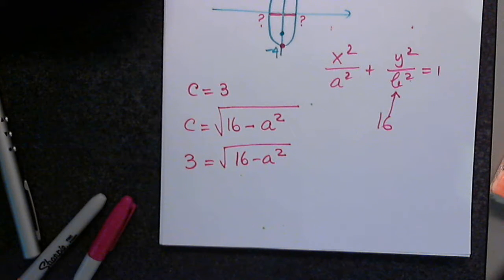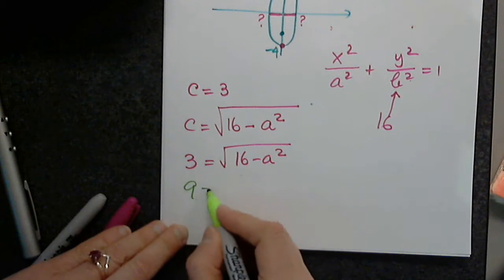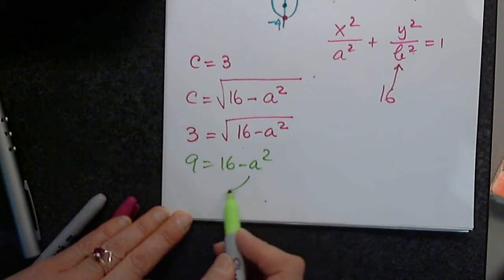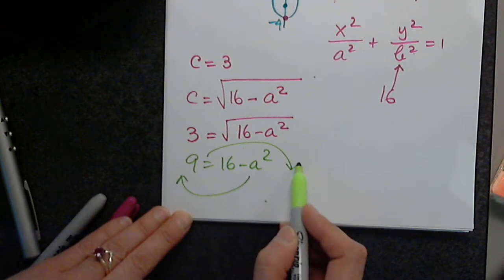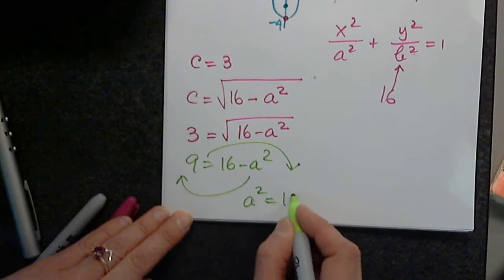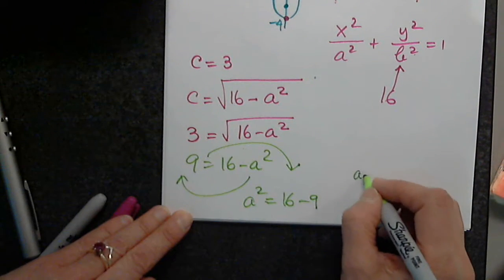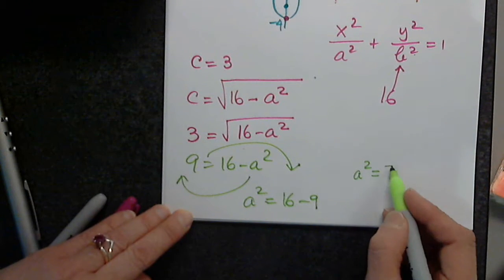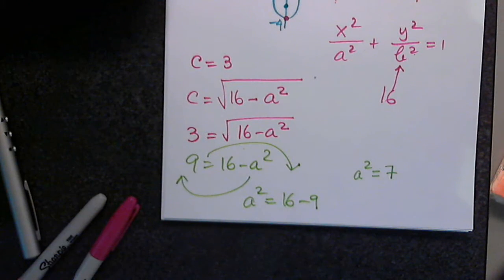Right, it's a radical equation, very good. Or square root, you're fine. So what do I do now? Square both sides. Very good. So 9 equals 16 minus A squared. I will bring A squared and I will bring 9. So A squared equals 16 minus 9, which A squared gives us what? 7. That's all we needed.